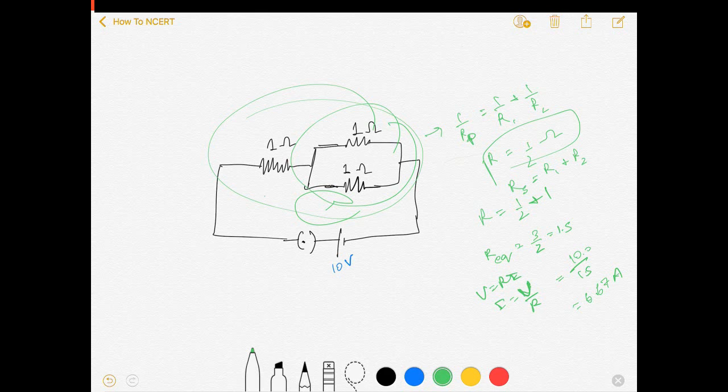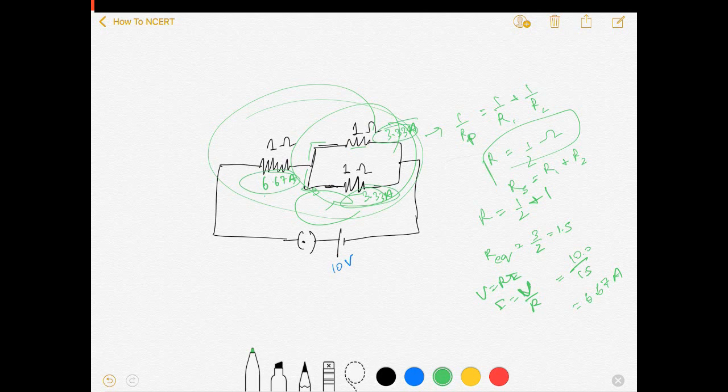And since the current is the same over here, my current over here is going to be 6.67 amps. And here it gets divided equally because the resistance is the same. So I'm going to get 3.33 amps over here, 3.33 amps over here, and I've solved for the current.